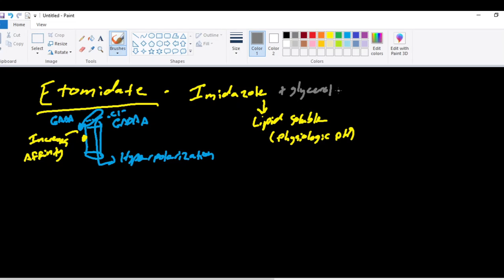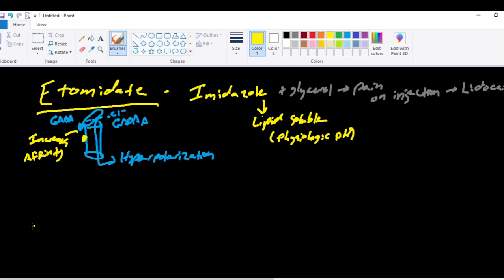And it's the glycerol that will cause pain on injection. Just like in propofol, the glycerol is what's causing the pain on injection. So what you do is you give lidocaine, exactly like propofol, before injecting the anesthetic, or injecting the Etomidate in this scenario.